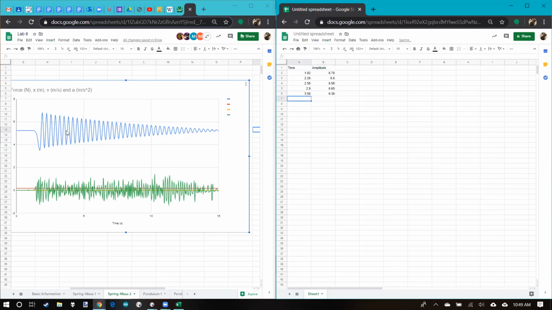I'll only pull 2 more, but like I said, take as many of these data points as the graph will allow you to read off.